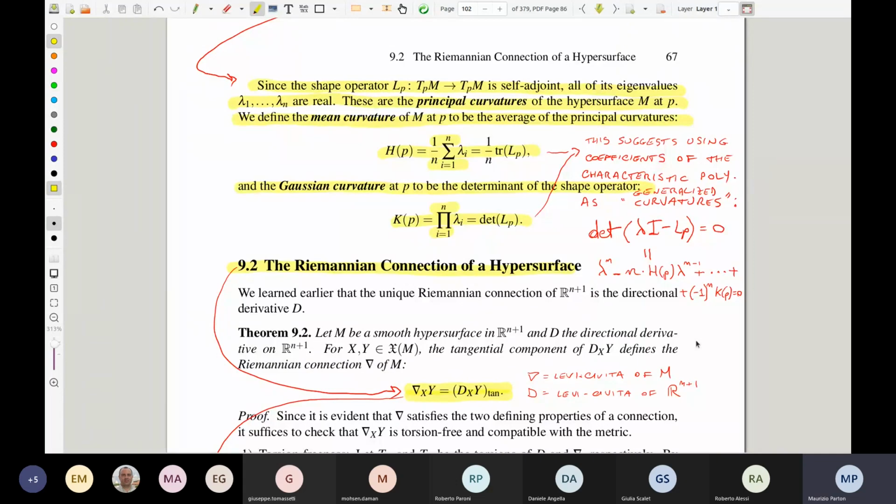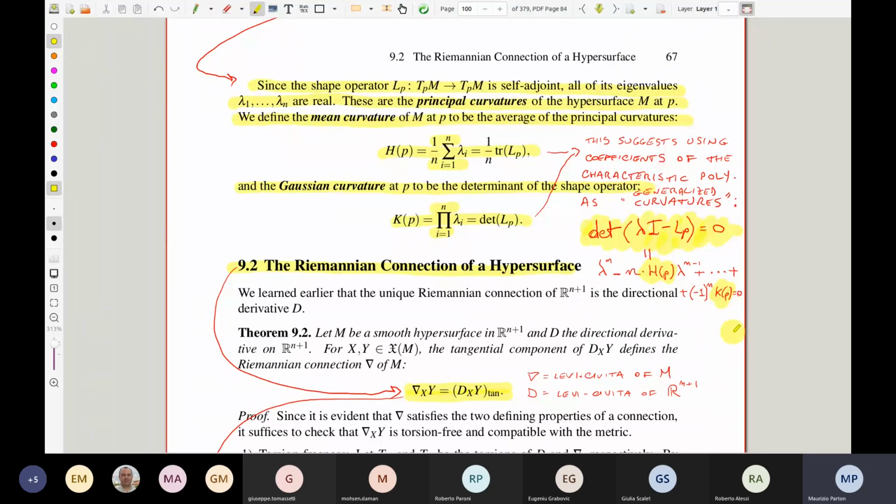And of course, you have a characteristic polynomial of this operator. In this characteristic polynomial, the first term is the sum of the curvatures, which is the mean curvature, and this is the determinant, the Gaussian curvature.